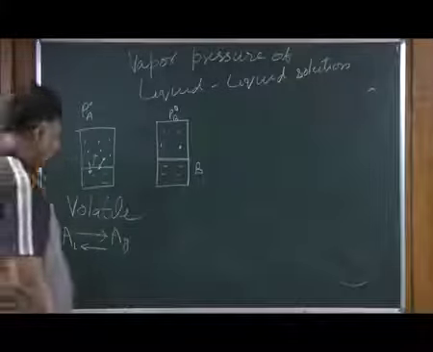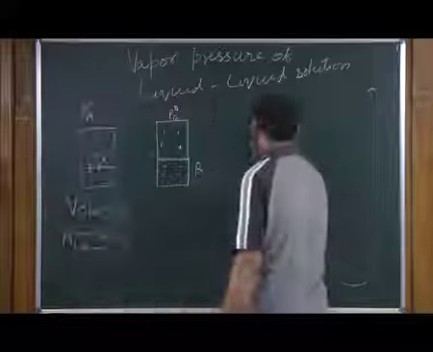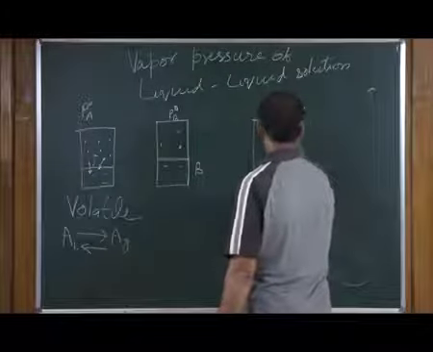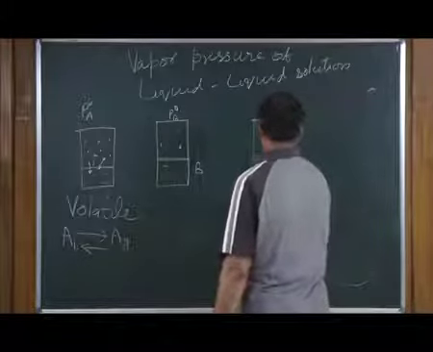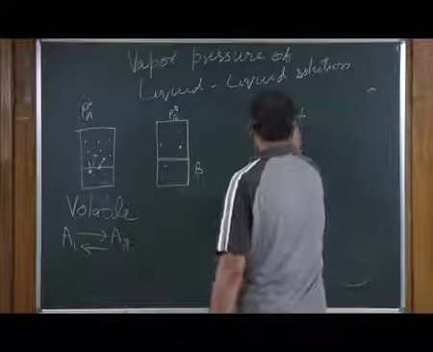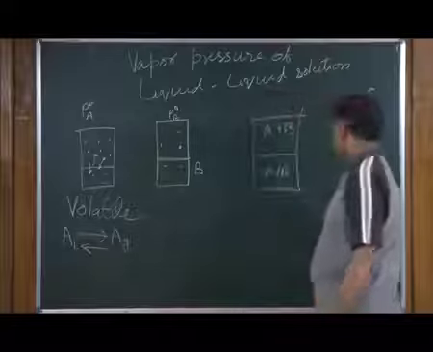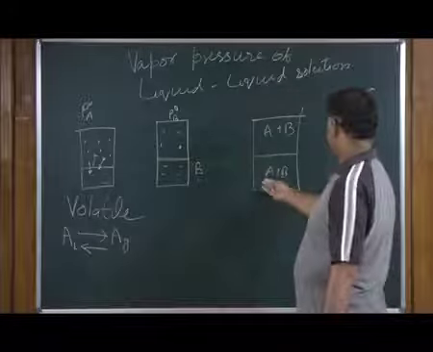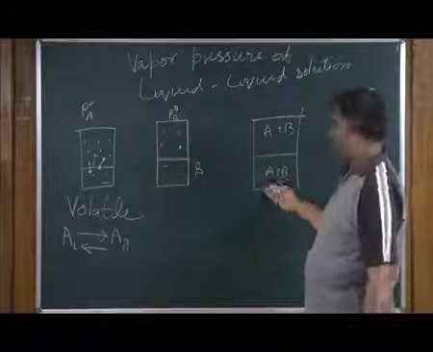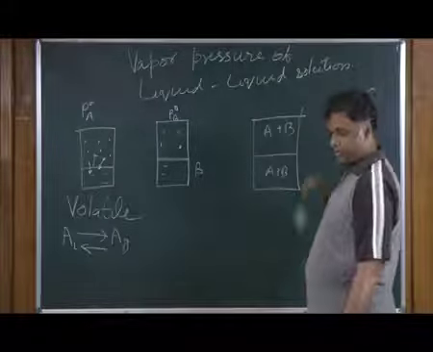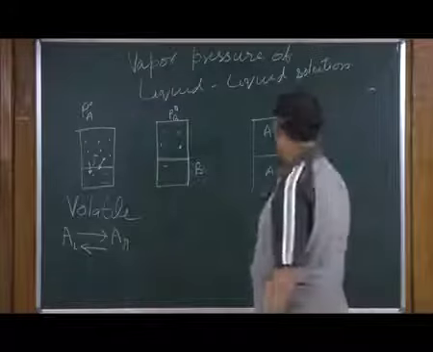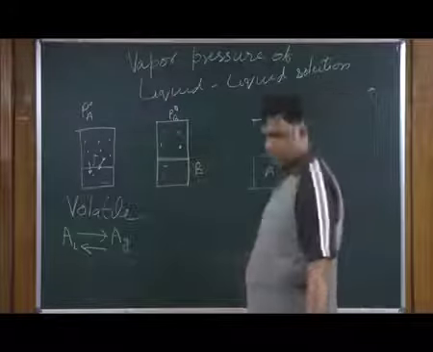Now, let us mix them together. Now we have A plus B here, and the same thing, A plus B. We have a solution of A and B in liquid form, and gaseous A and B in gaseous form. And now, there should be some relationship between these.